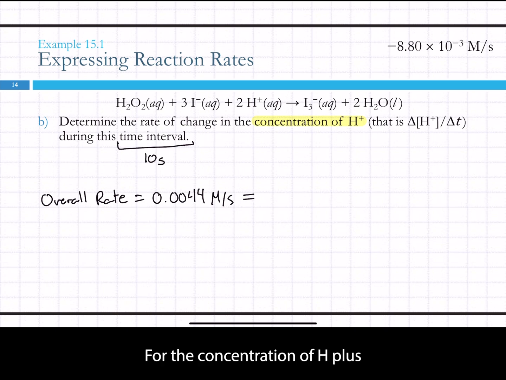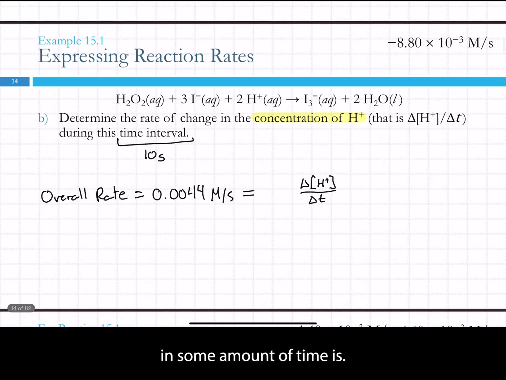For the concentration of H plus, the coefficient is not 1, but it's 2. And so if we set this up, we want to know what the rate of change of H plus in some amount of time is.